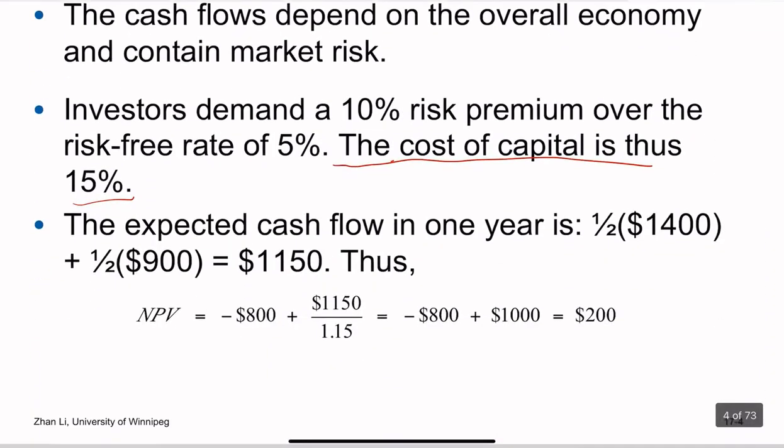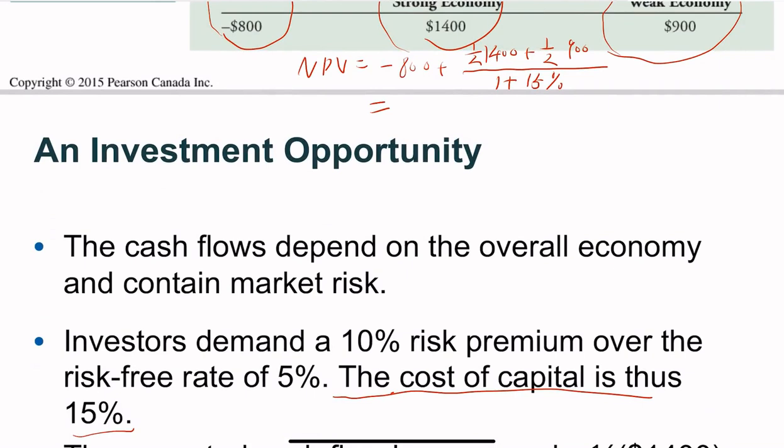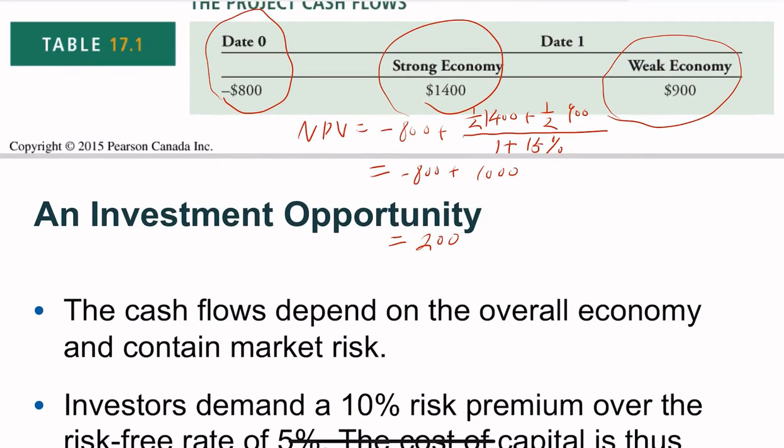This gives us 1,000. So minus 800 plus 1,000, which is 200. That is, the present value of this project is 1,000, and the net present value of this project is 200.